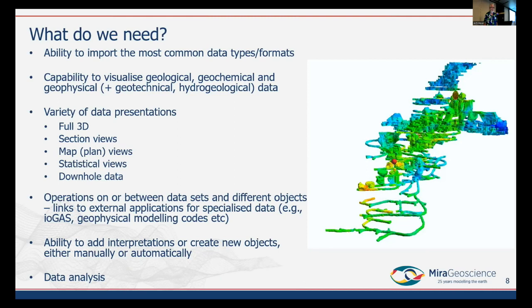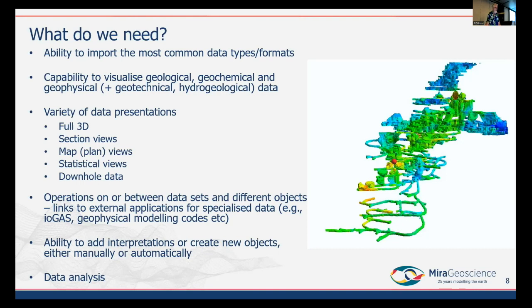We want to be able to do operations on or between those data sets. So if we have a bunch of properties on a geochemical database, we want to be able to calculate alteration indices and things like that. We want to have links to the niche software. So in geochemistry, that would be iogas, say, like a direct link between whatever 3D software you're using and iogas, or a direct link between the software and the geophysical modeling code, so that you can properly integrate your interpretations.